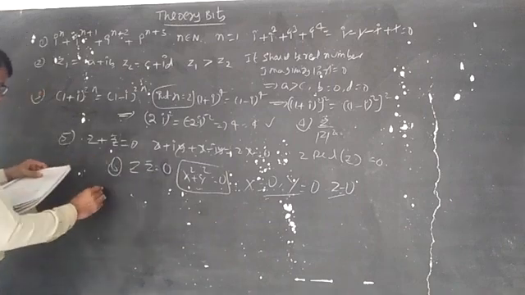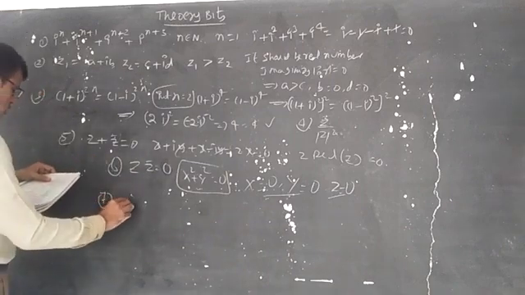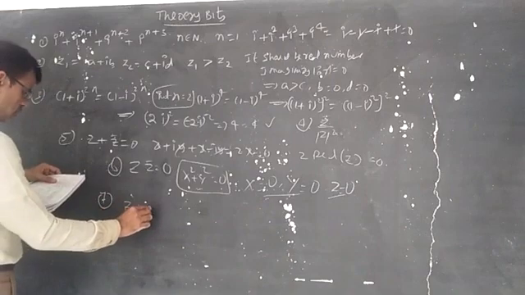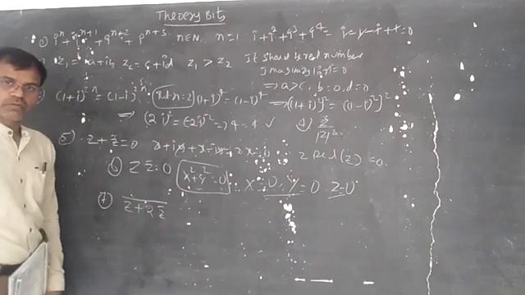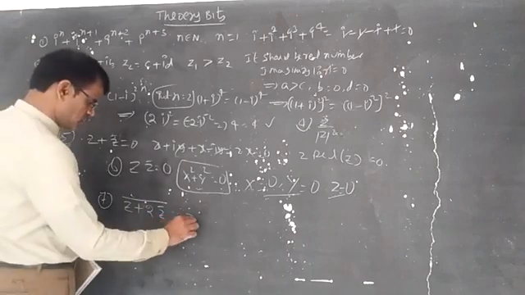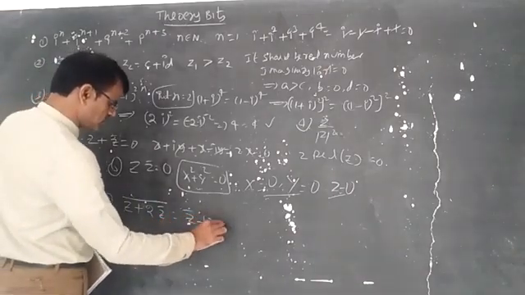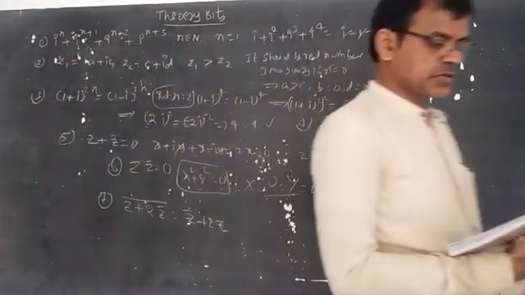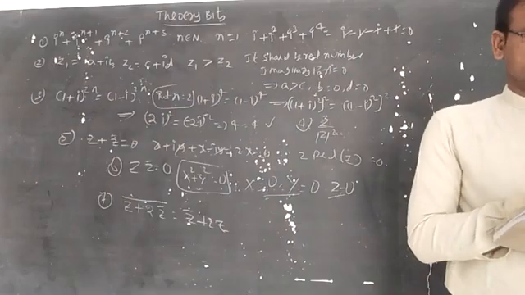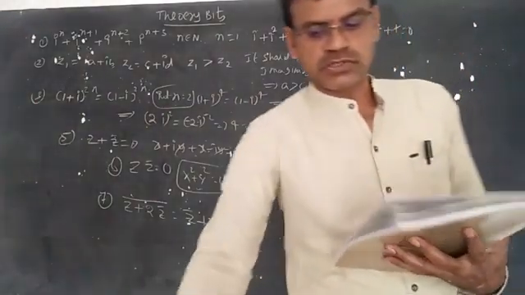Seventh one: conjugate of z plus 2z bar. Conjugate means whole bar. You can write this one as z bar plus 2z, simply z bar plus 2z. Second option. Next, let us discuss the eighth question.